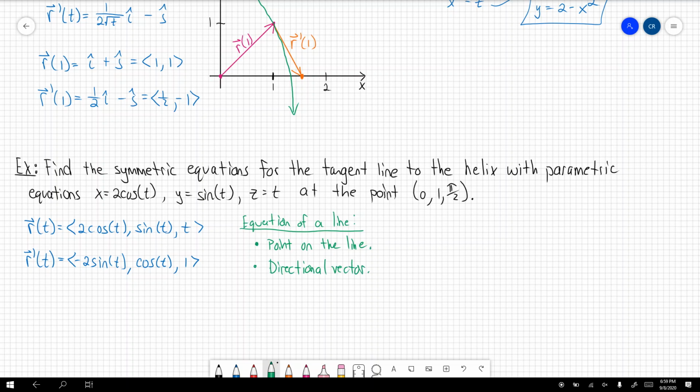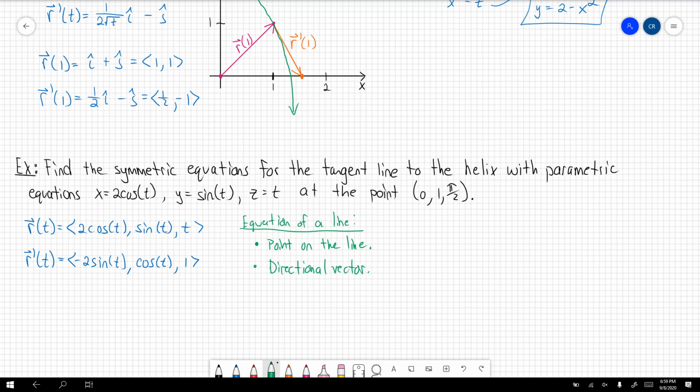Well, the nice part about this is that if we have a vector position function, then taking its derivative will naturally give us that vector that will be tangent, and therefore it will give us the direction in which the tangent line will be headed in. So we need that piece first.